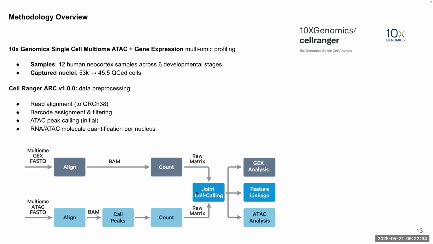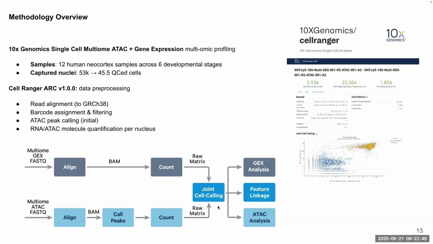And we have a middle step called joint cell calling, where both of these libraries are merged into one. So at the end, we have all the data that we need to run downstream analysis. And well, this is the pipeline that these authors applied.